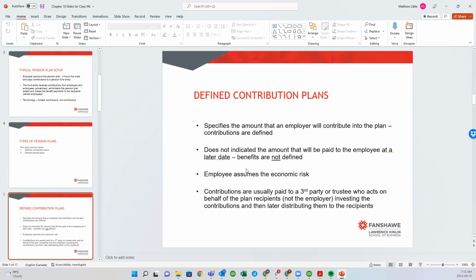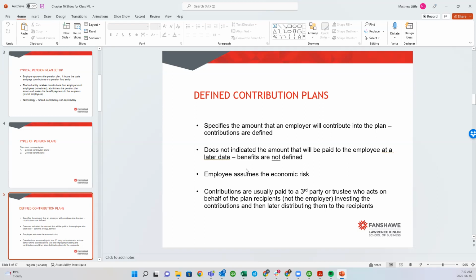So defined contribution, typically within your employment agreement or within your HR policies, will specify the amount that the employer will contribute. Sometimes it's a flat amount, sometimes it's a percentage of your gross salary. And it indicates that they would contribute as the employer, with possible contributions from you as an employee at a fixed or maximum amount.